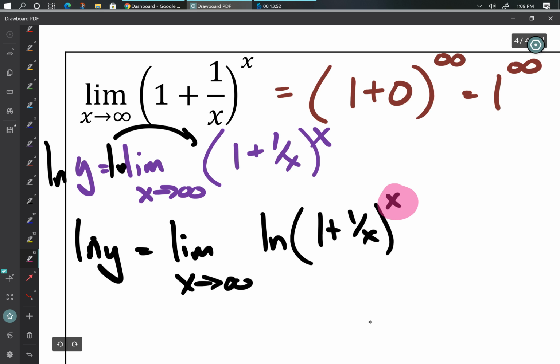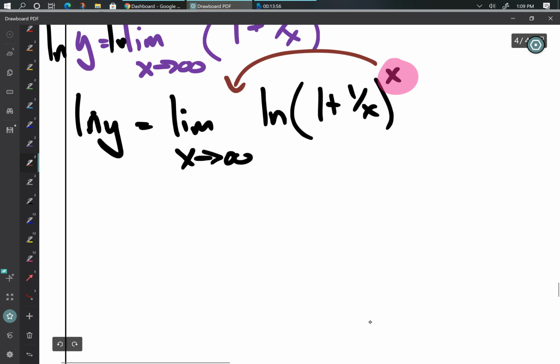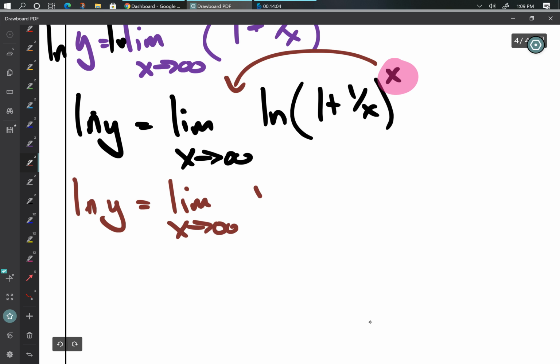Now we can take this x and move it into the front using natural log properties, and we get that the natural log of y is equal to the limit as x approaches infinity of x times the natural log of 1 plus 1 divided by x.